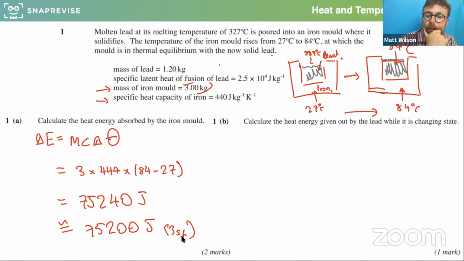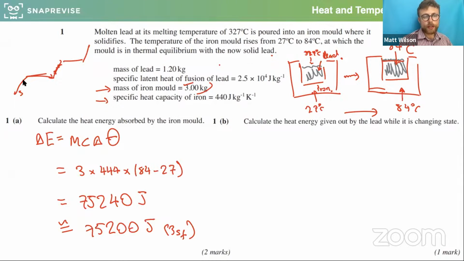Fine. Next question. Calculate the heat energy given out by the lead while it is changing state. So we have molten lead at the melting temperature. What does that mean? If we imagine we draw ourselves that graph again, it's molten, so it's liquid. So it's somewhere along here, and it's at its melting temperature.